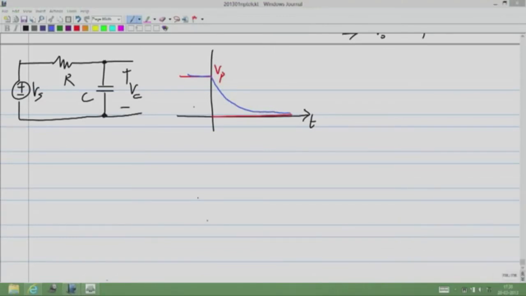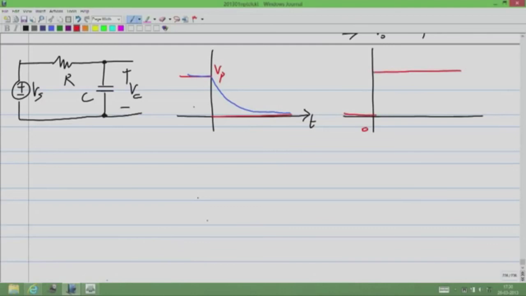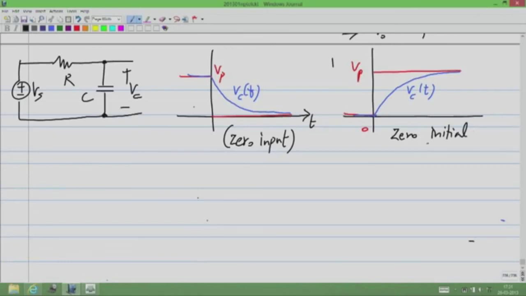And the other case was where the input jumped from 0 to Vp and the output, it turns out, does something like that. Okay, this is Vc of t, Vc of t. So this corresponds to basically a 0 input. And in this case, we have a 0 initial condition on the capacitor voltage.